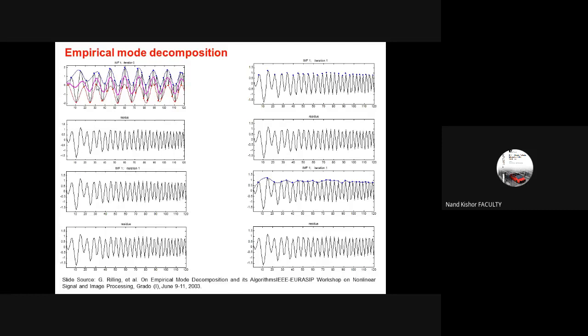So you may have more than one frequency component present in the signal. But it is very much essential that each decomposed IMF should correspond to only one frequency component.